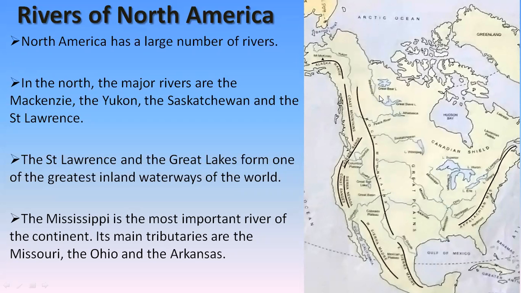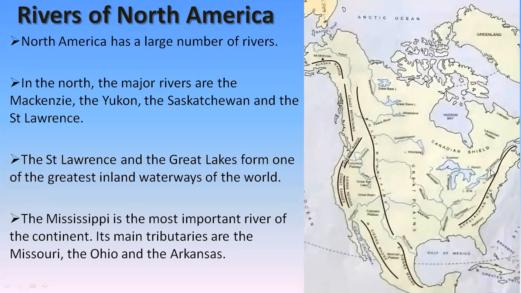Another river you can find at the northern point on the Alaskan side is the Yukon. Saskatchewan is another main river, starting from the Rocky Mountains and ending at Lake Winnipeg. So these are the important rivers.